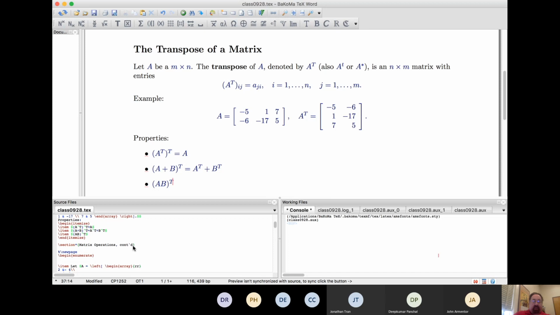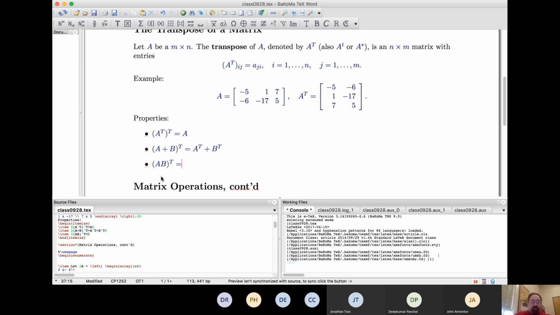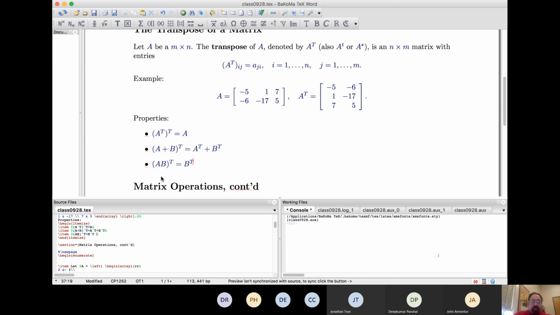Let's assume that it makes sense to multiply A and B. In other words, the operation is well defined for the A and B that we have. And then we want to take the transpose of the result. In this case, it's not just A transpose, B transpose. It's close to that though. You have to reverse the order. So it's B transpose, A transpose. The transpose of a product is the product of the transposes in reverse order.